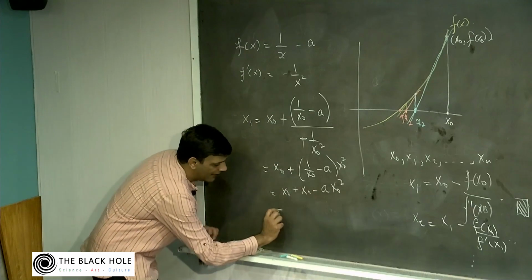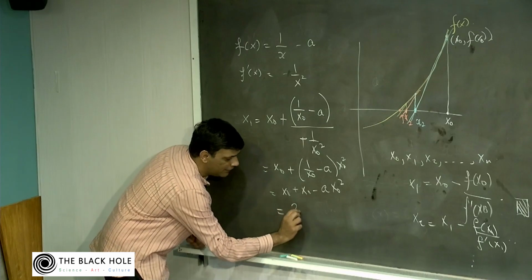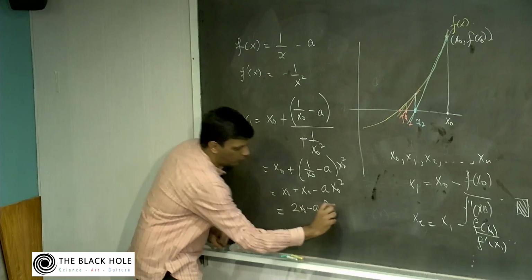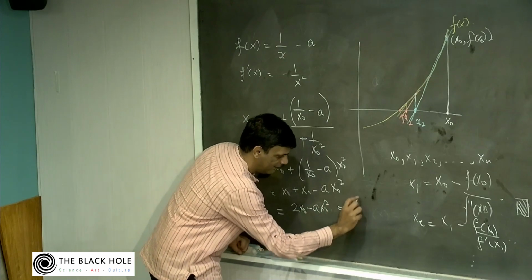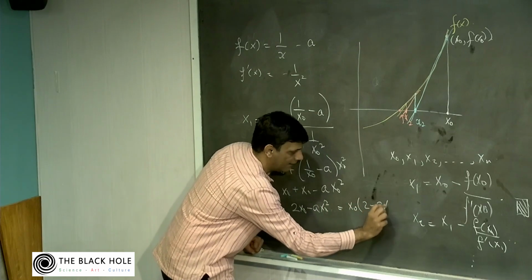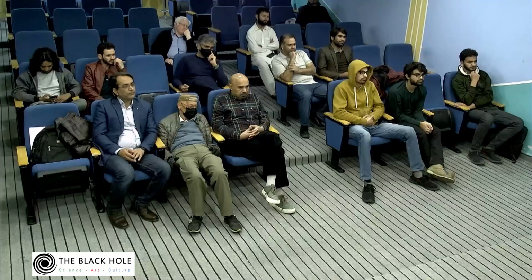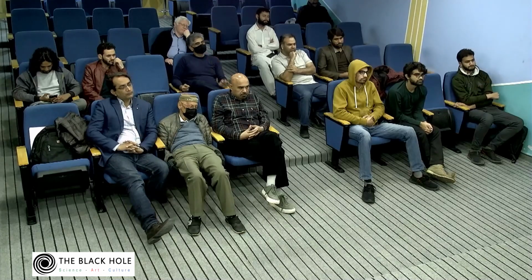I can simplify this as 2x0 minus a x0 squared. If you want, you can write it as x0 times 2 minus a x0. This is fine, whatever you prefer. Why is this so beautiful?